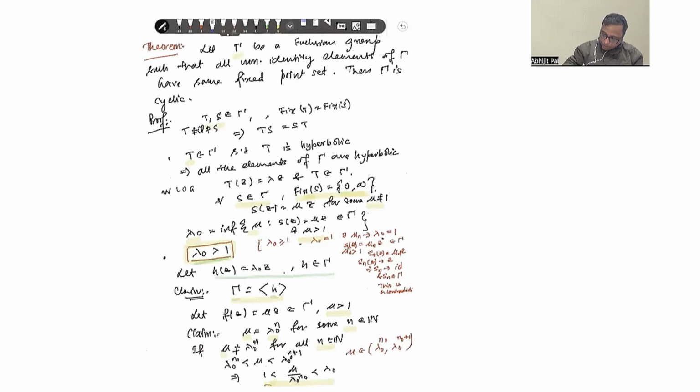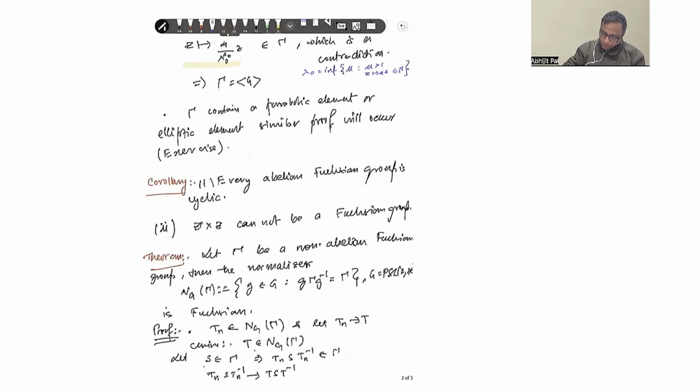So that is the thing written here. So we can get hold of a sequence mu n converging to this lambda naught, and this mu n belongs to this set. So mu n are greater than 1, and all these maps belong to gamma.